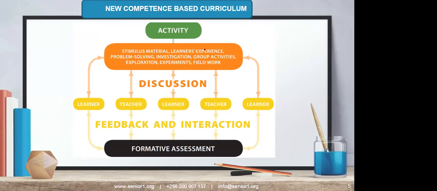You stand up, raise your hand, tell us what you know. How have you experienced? Or problem solving, investigation, where we shall be carrying out certain experiments, okay? Group activities where we will be grouped, and then you share with your learner.